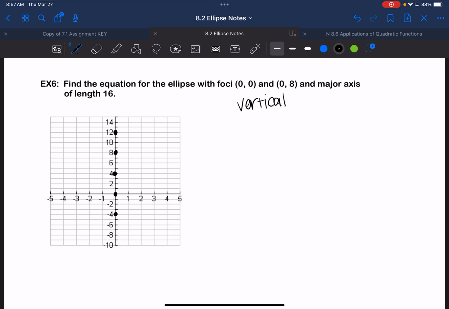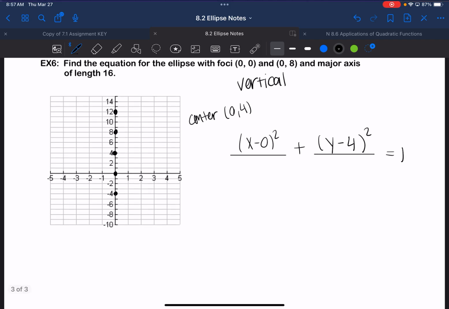So we had a center this time at 0, 4. So for the numerators, we're going to have x minus 0 quantity squared over some value plus y minus 4 quantity squared over some value should equal 1, right?